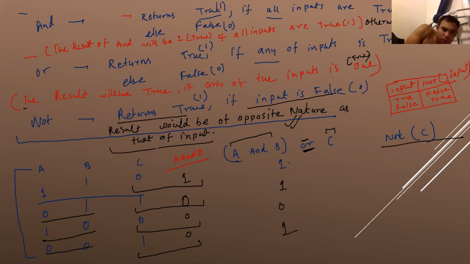So if input is 1, result will be 0. If input is 0, result will be 1. If input is false, result will be true. If input is true, result will be false.